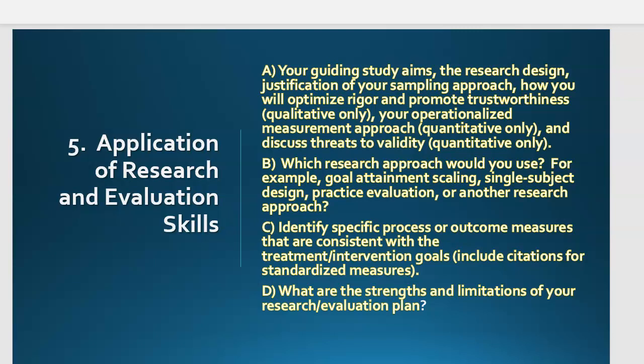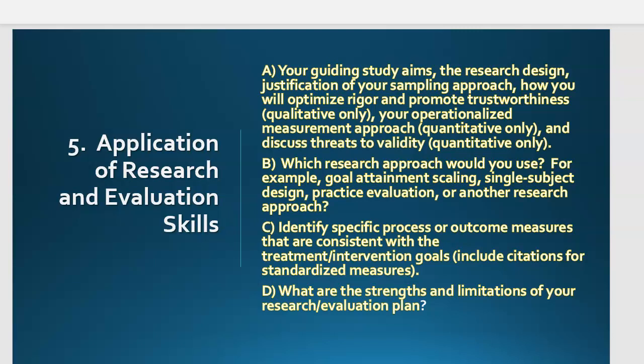How will you optimize rigor and promote trustworthiness in your data, especially if you're using a qualitative line of inquiry? How are you going to operationalize your approach? How are you going to measure it, especially if it's a quantitative approach? And discuss threats to validity if you use a quantitative approach.